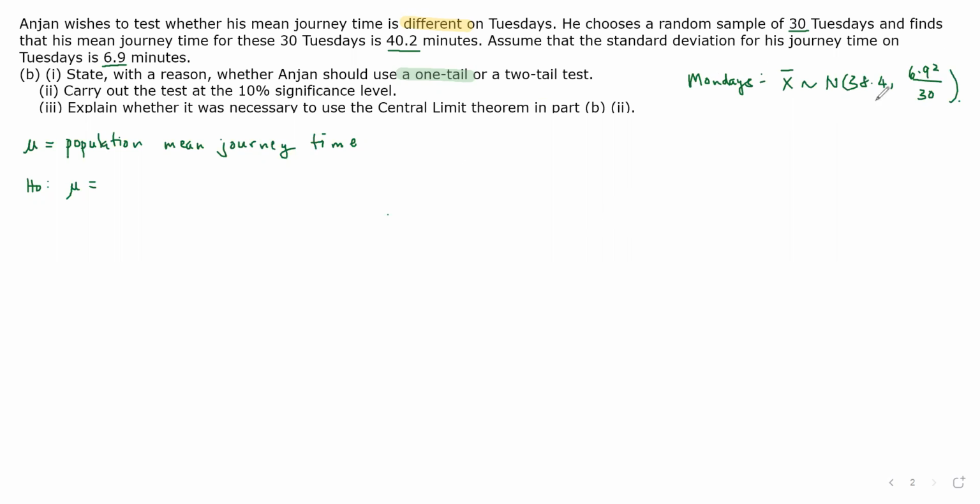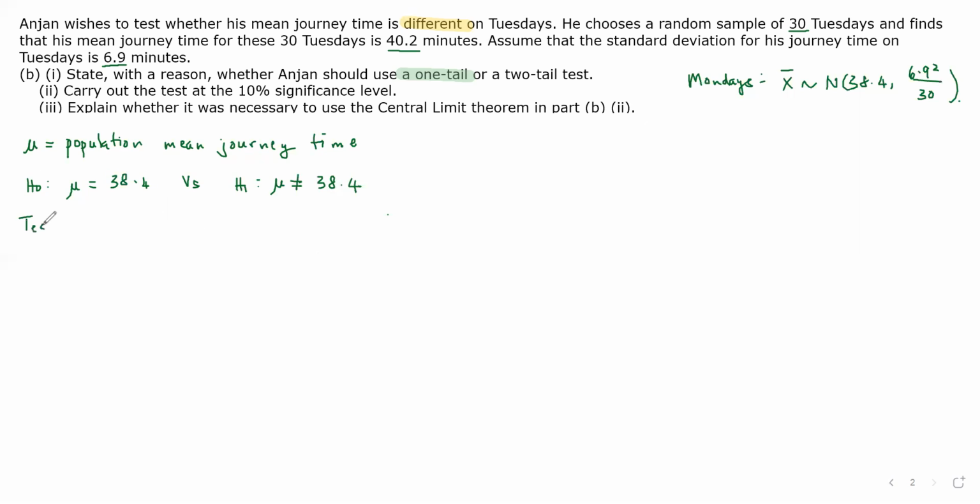So we now assume that this becomes a population. We want to test whether there is a difference between the mean journey time on Tuesdays and on Mondays. Then we test the null hypothesis that mu is 38.4 against the alternative that mu is not 38.4.